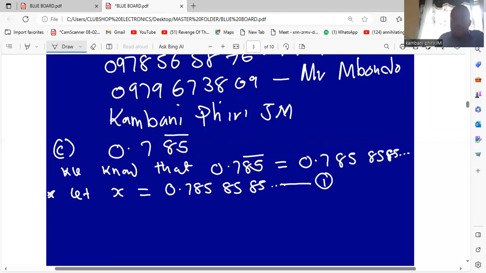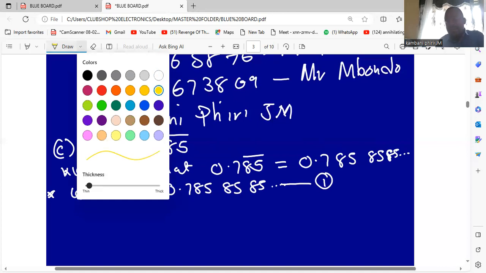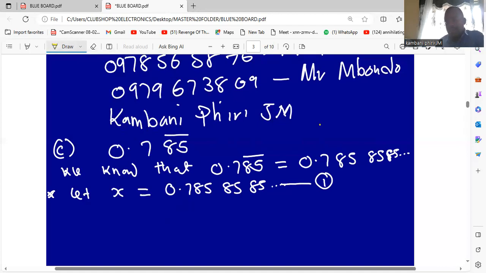Now, this is somehow different from the first two. We realize that there is a number here which is not repeating before these numbers repeat, right? So first, let's come up with an equation which will only have repeating numbers after the point.